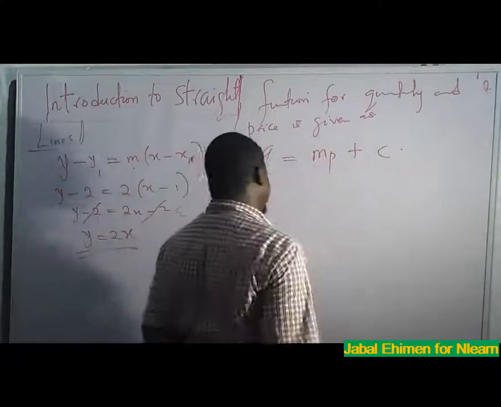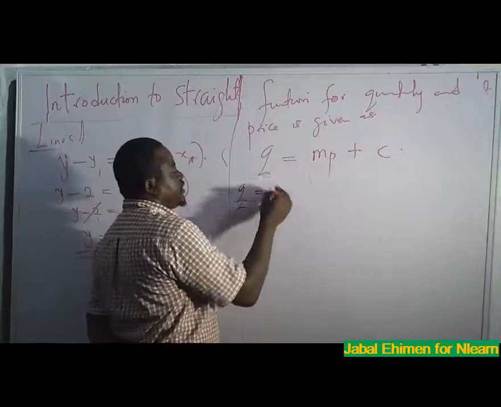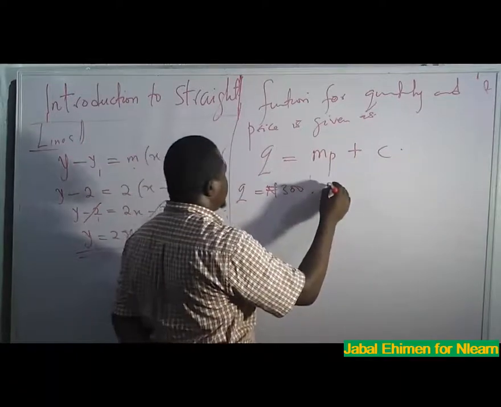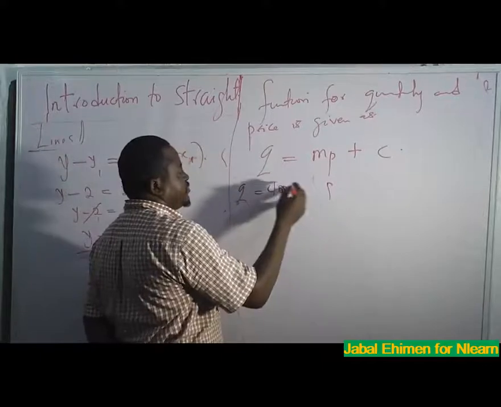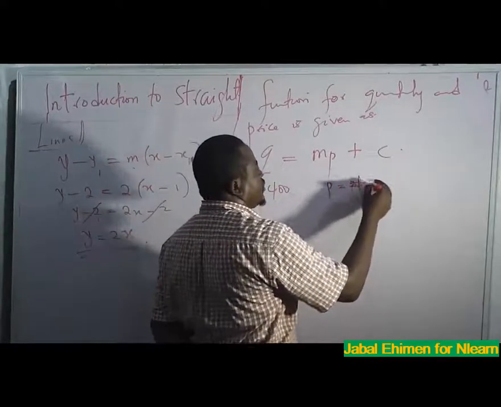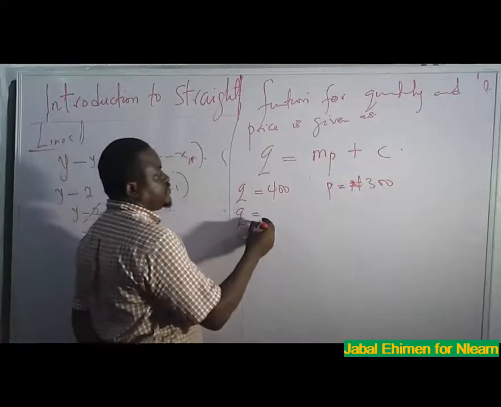These are given. For example, quantity demanded is 400 pieces and the price is 300 naira.